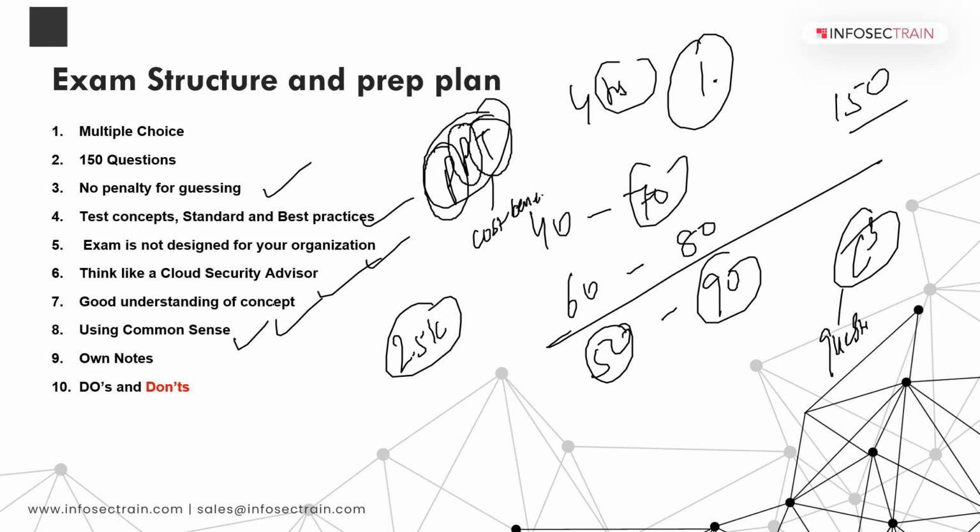That means when you are reading, you use a color pen or highlighter, highlight what is important, and convert all those important things into notes, because your notes are a diamond mine for you. Maybe if you search in Google or social media, you will get different types of notes related to CCSP. Does it help? Yes, it helps, but not compared to your own notes.